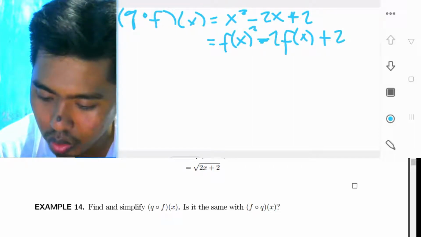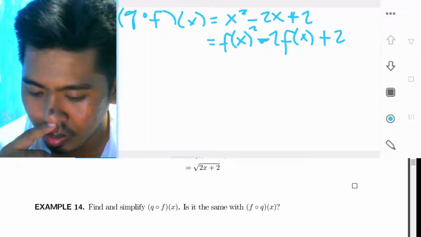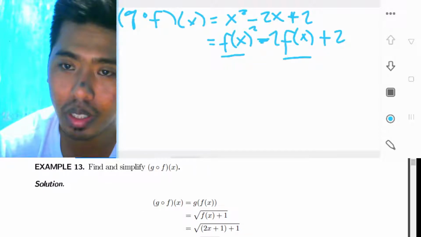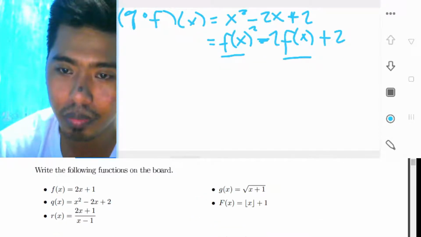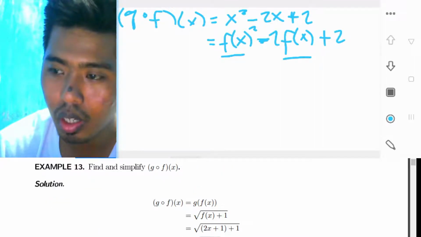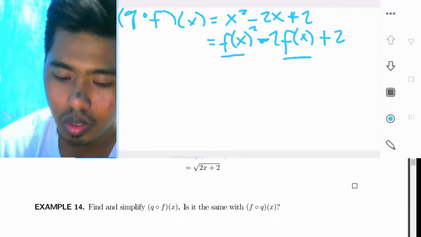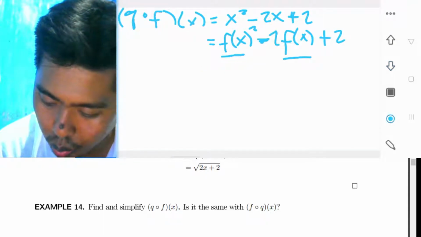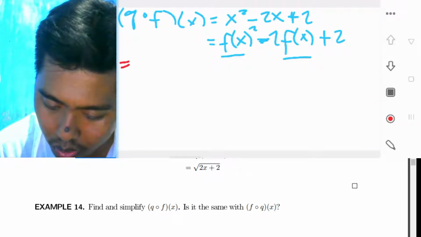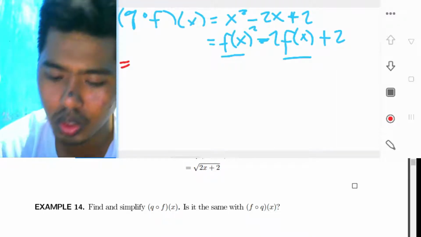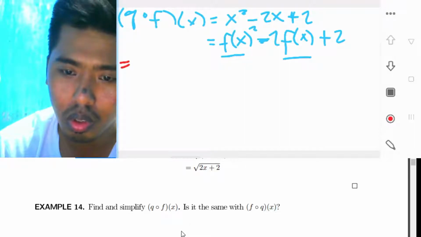So we're going to change everything in x into f of x. And let's find the value of f of x here. We have 2x plus 1. So that would be our f of x. This is q though, and f.